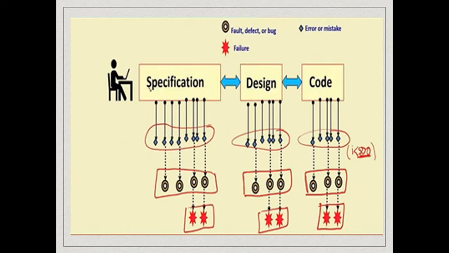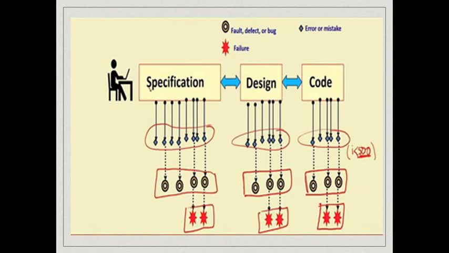Now, I represented that in the diagram above. The programmer manually does many activities: specifications, design, code, and can commit mistakes or errors. They can commit many mistakes or errors during the specifications, design, and code, but not all the mistakes become faults or defects.